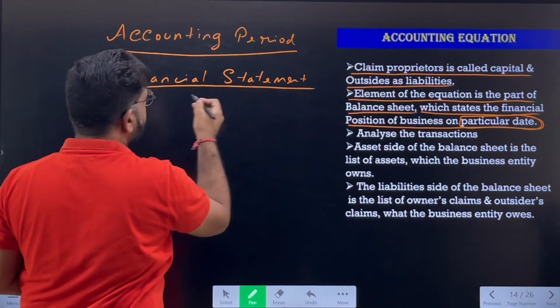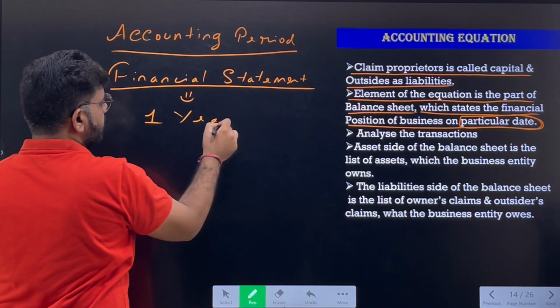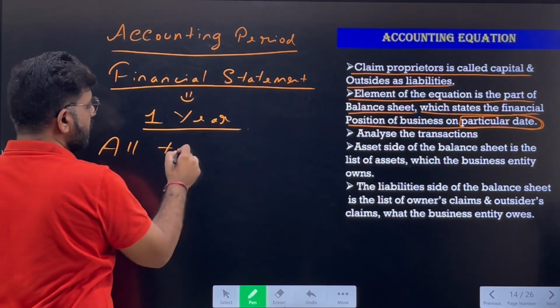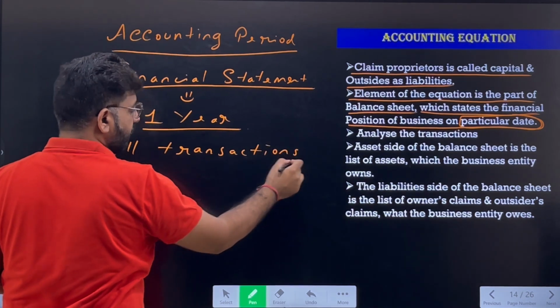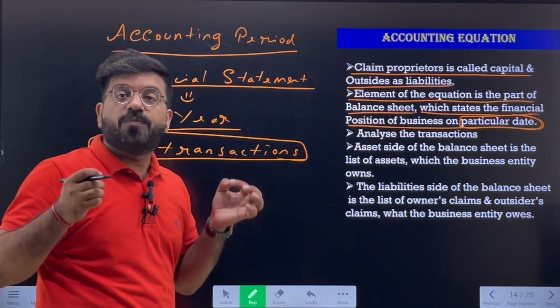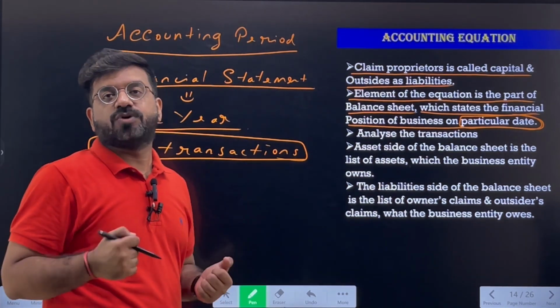Now, what is that particular period? That period is 1 year. This simply means that all the transactions concerning that particular 1 year's period should be noted down. Then only you will be able to find out the actual profit.